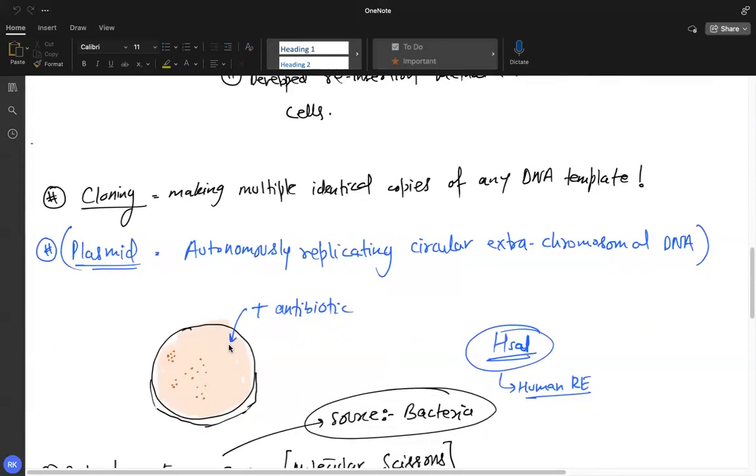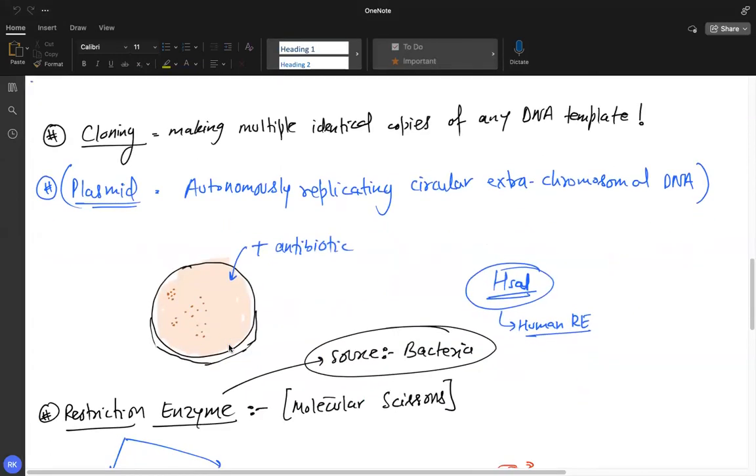Then I talked about cloning. What is cloning? It is making multiple identical copies of any DNA template. When we make copies of our plasmid, we are actually cloning the plasmid, and that plasmid contains our gene of interest. So that way we are cloning our gene. So that's called gene cloning. Gene cloning is nothing but putting a gene of interest in some organism where it makes multiple copies of it.